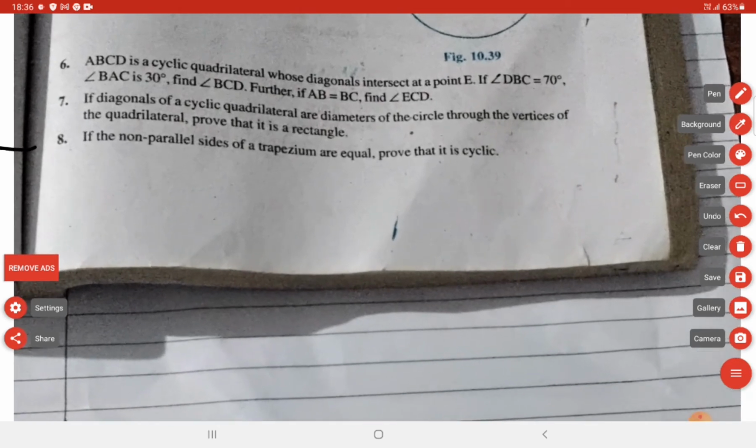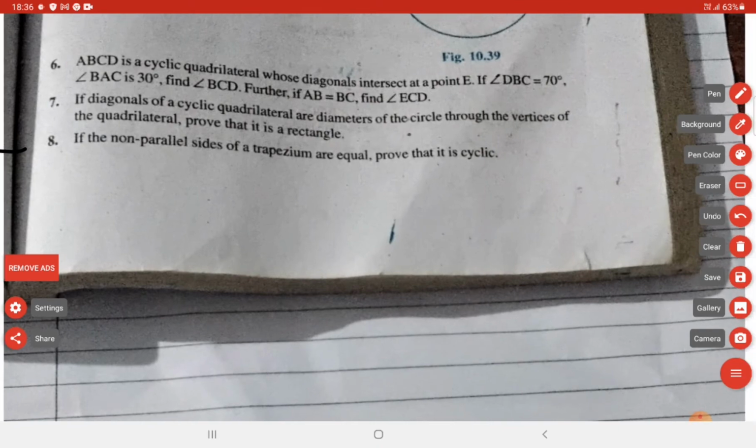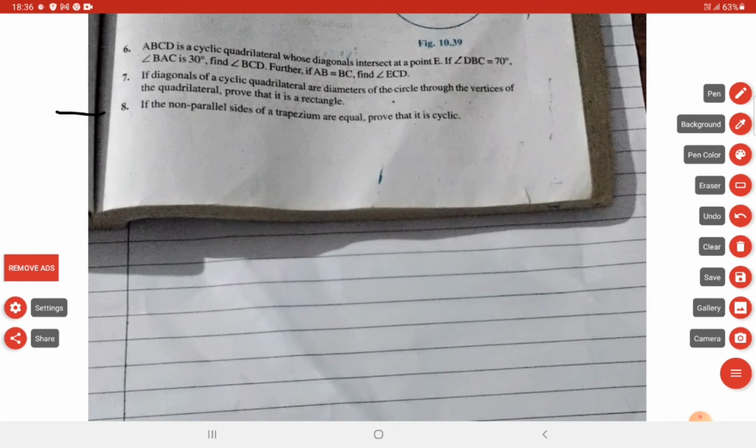Next, question number 8. If non-parallel sides of a trapezium are equal, prove that it is cyclic. What is a trapezium? A trapezium means a quadrilateral in which one pair of opposite sides are parallel. So a pair of parallel lines, like this.